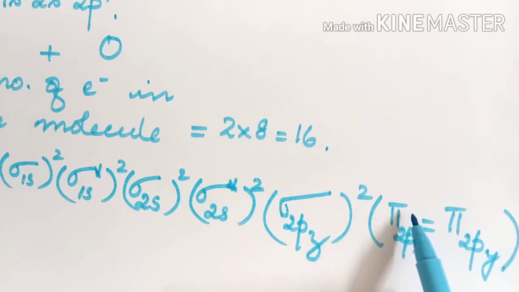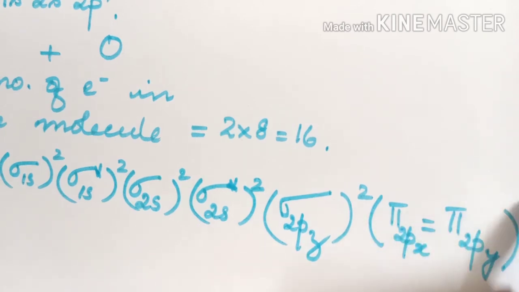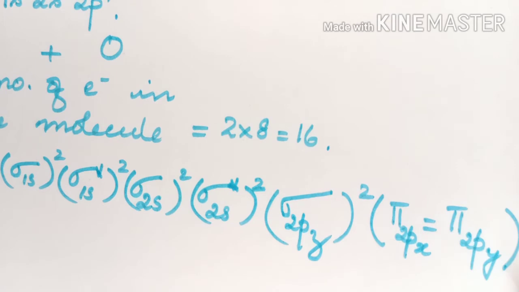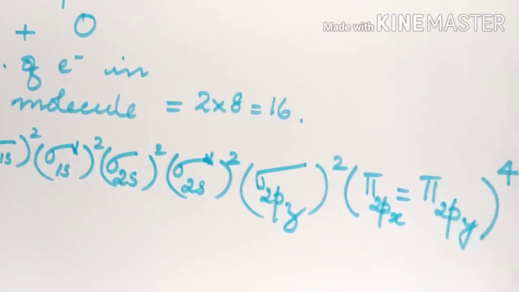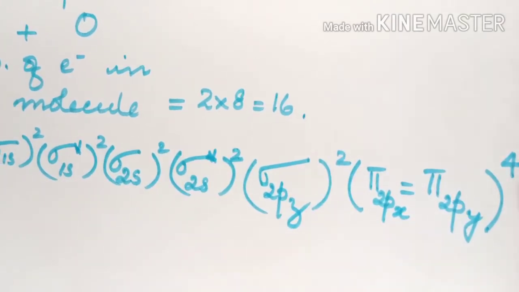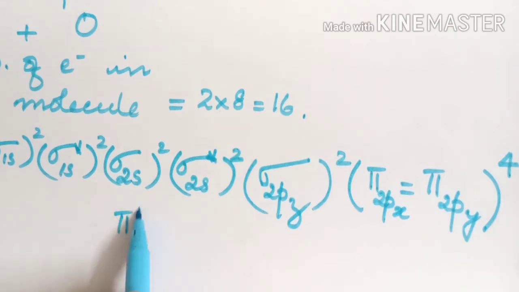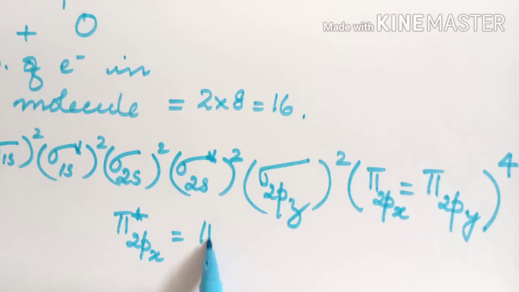So 2 here and 2 here, a total of 4 electrons are occupying there. The next higher level, we have pi star 2px, which is equal to pi star 2py.